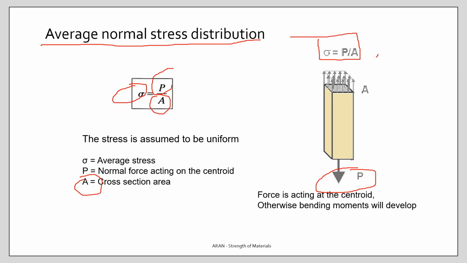Well, to be simple, we take this distribution as uniform, and as long as the force is acting at the centroid, this type of distribution is correct. Otherwise, if you apply the force P, for example, on this corner, there will be bending moments, and so the distribution will change, but we assume that it is acting in the centroid and the distribution is like that.